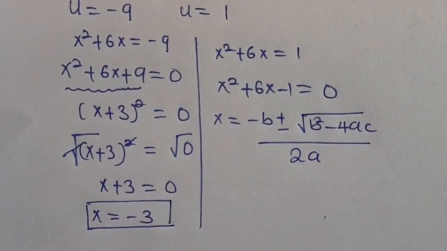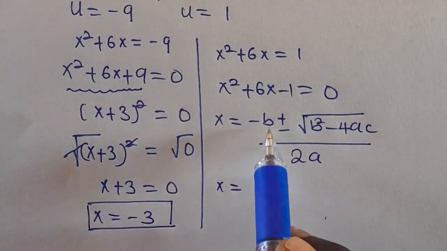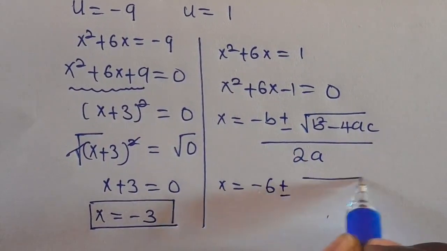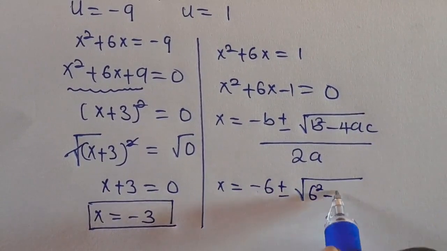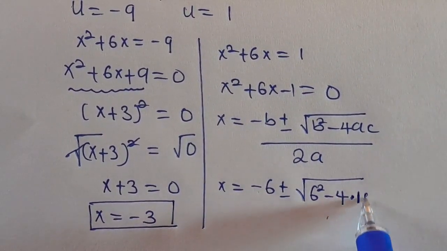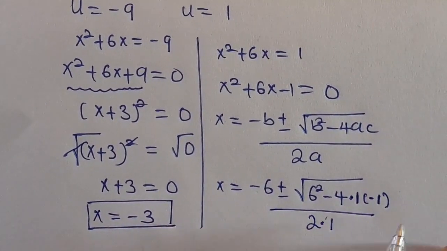Now from here, x equals, our b equals 6, so minus 6, positive or negative, square root of 6 squared minus 4 multiplied by a, which is 1, multiplied by c, which is minus 1, the whole divided by 2 multiplied by 1.